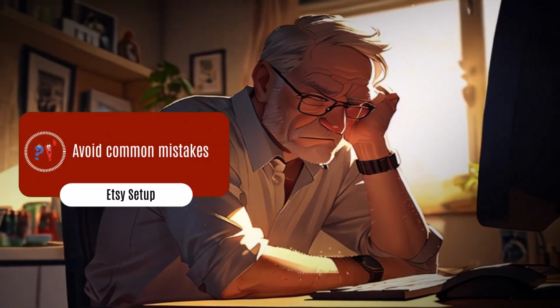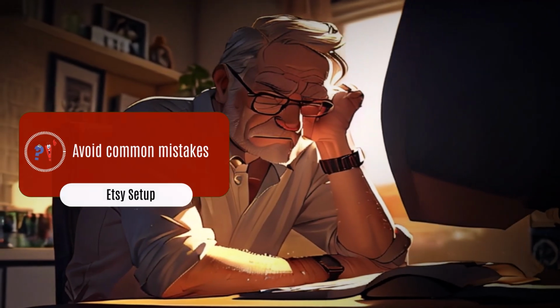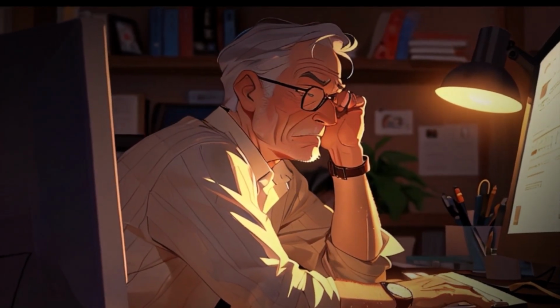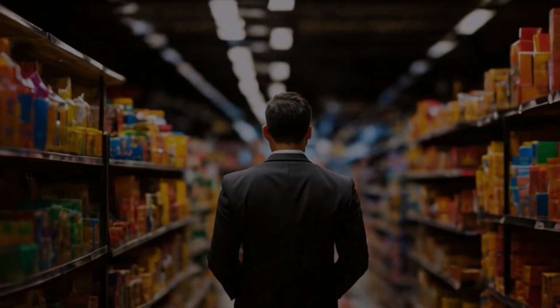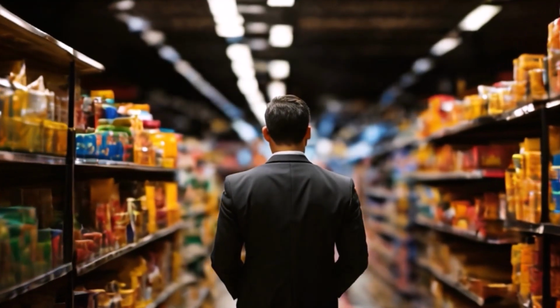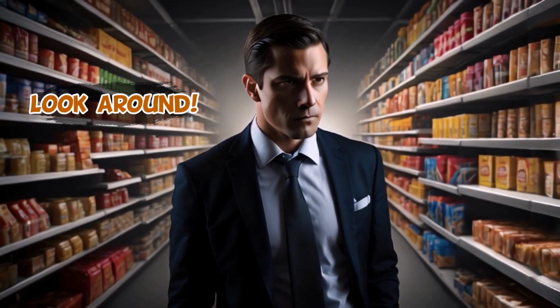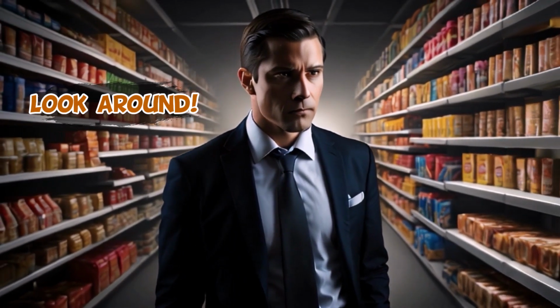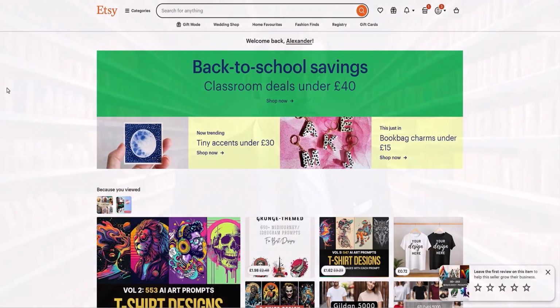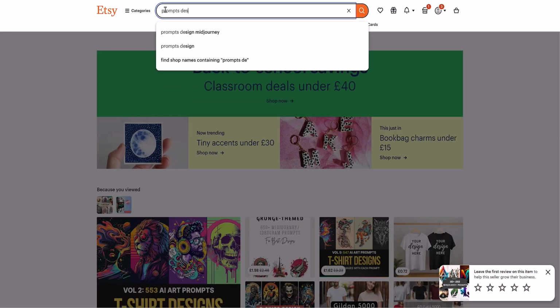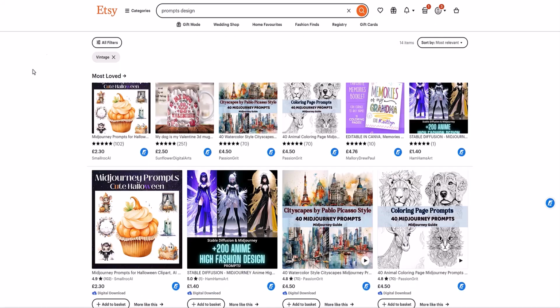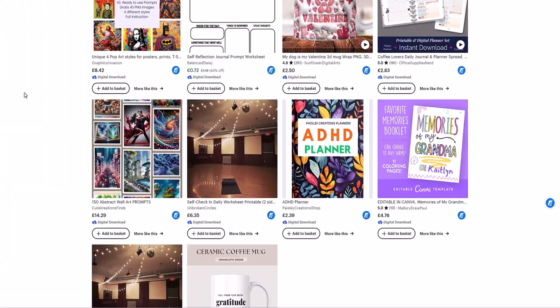Avoid common mistakes. A common mistake of sellers is too narrowly defining their product. They don't consider the broader categories in which their product may be in demand and have a high volume of search queries. For example, you want to sell prompts design and see that such products exist.